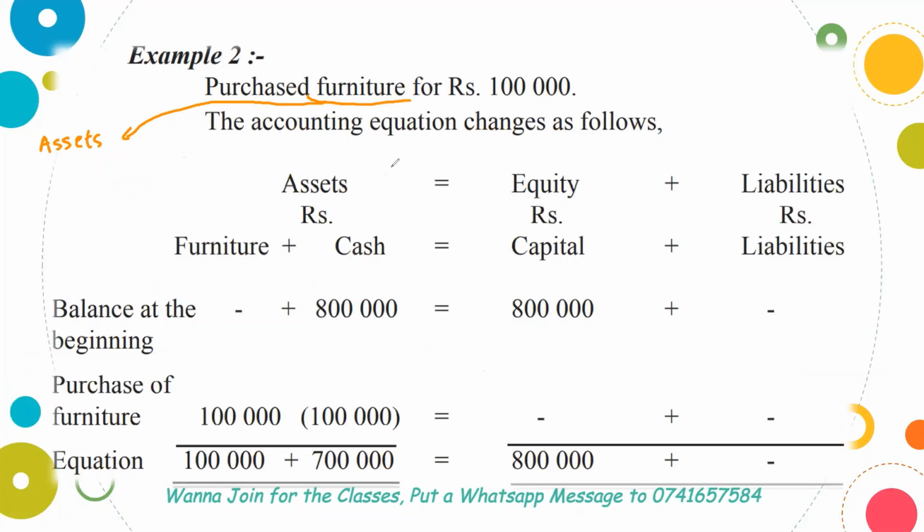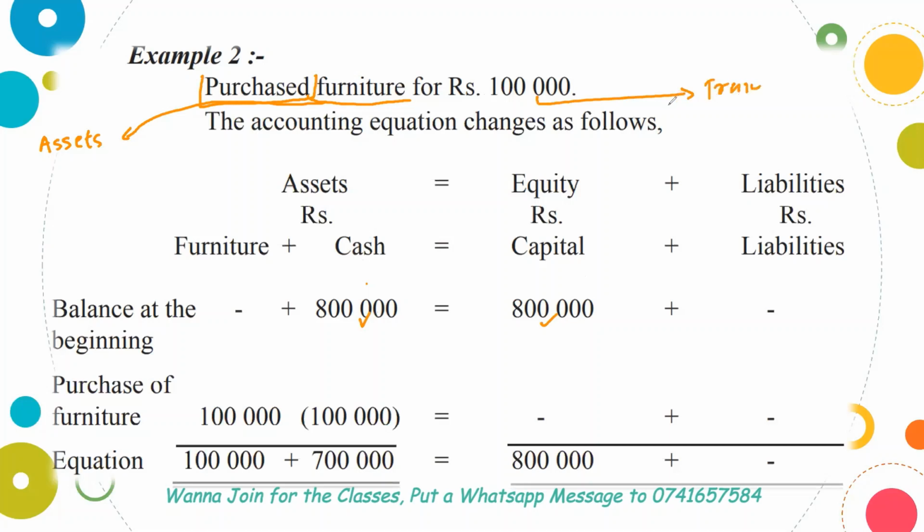I think the fourth lesson covered that, right? So before we had the initial capital of 800,000 of cash, and our equity. Purchased furniture for 100,000, right? So this is our transaction.